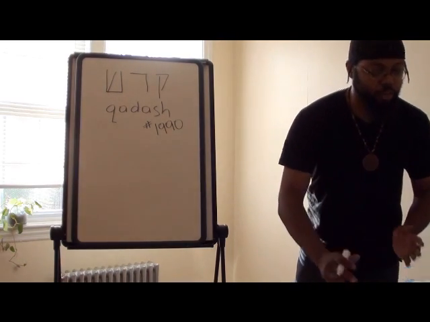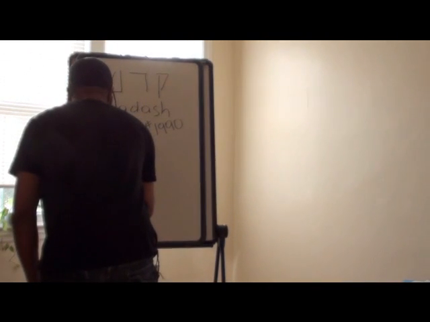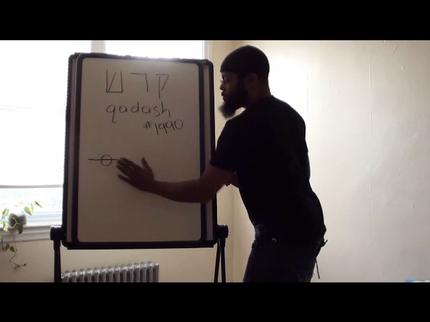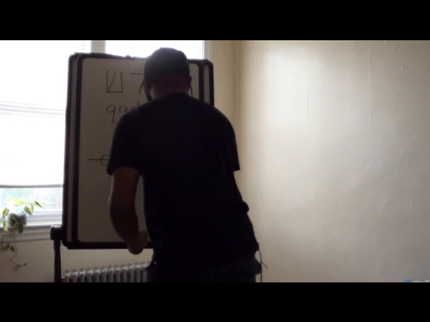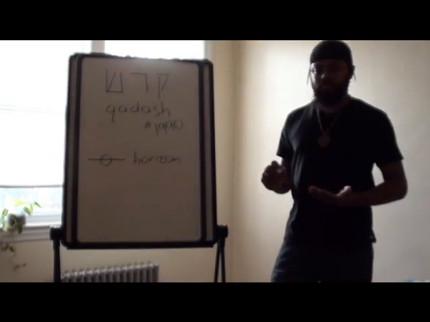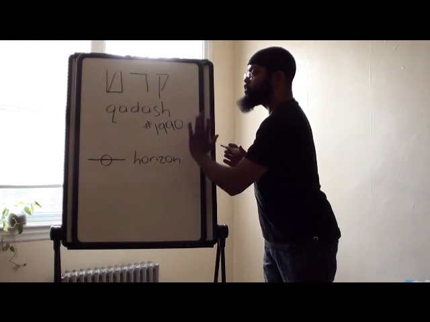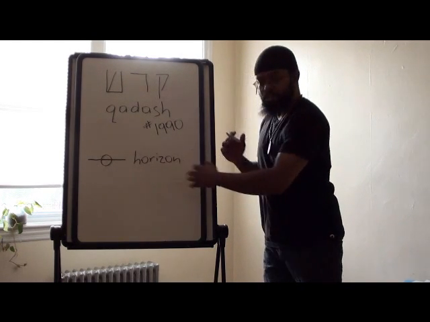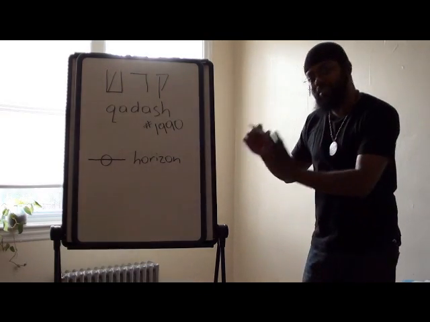Now, let's take a look at the parent root. The pictograph for the letter Kuf is a picture of the sun at the horizon. Now, when you think about the horizon, depending on the context of the word that's being used determines how the letter forms the definition of the parent root or the foundation of the word.